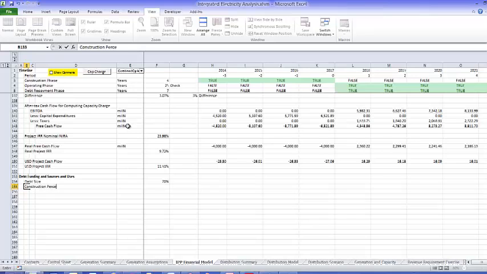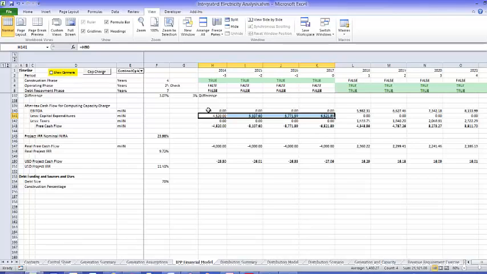Okay. Now once we have the debt size, then let's put our construction percentage. And what we do there is just look at the total amount we're spending on construction over here and simply divide that by the total. So this would be, I don't know if we have an S-curve or it looks like it's not an equal amount. We might have some inflation, okay?